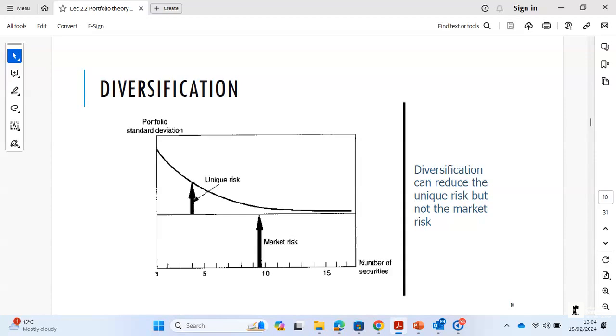But all of these assets are still in the market, right? They're exposed to market-wide risk. So the component that you can reduce is the unique risk of securities. Diversification helps to eliminate or reduce the unique risk, the unsystematic risk, but it cannot take away the systematic risk. So that's why it doesn't go to zero. Okay?